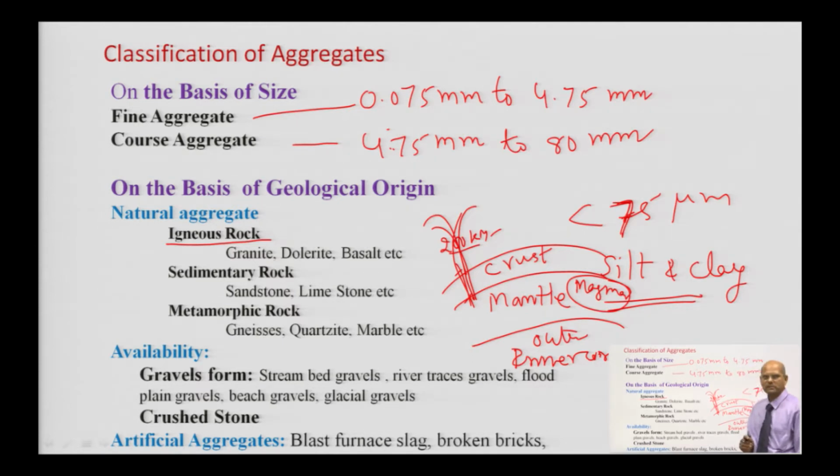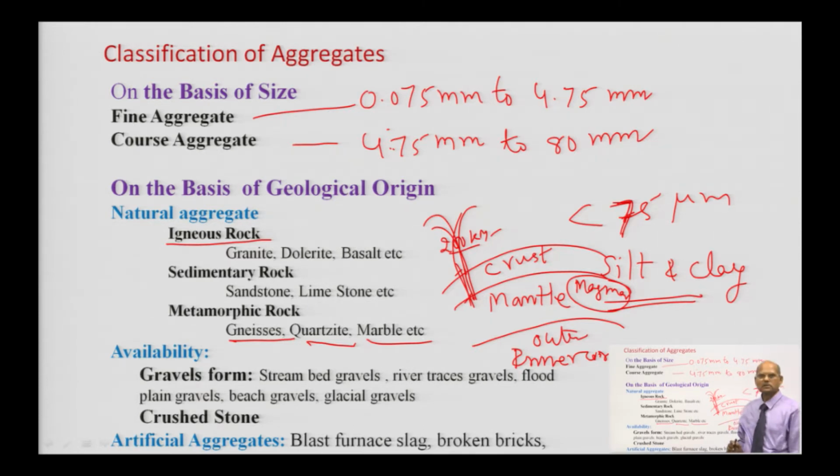Then we have metamorphic rock, which is produced under heat, temperature and pressure on igneous rock or sedimentary rock, for example gneiss, quartzite, marble, etc. These are the important classification of natural aggregate based on geological origin.